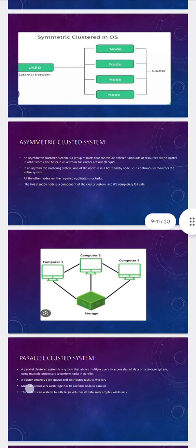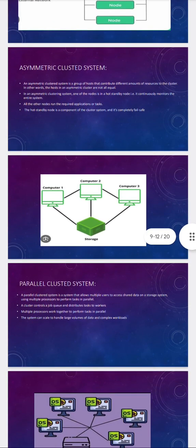The third one is the parallel clustered system. A parallel clustered system allows multiple users to access shared data on a storage system, using that for multiple processes to perform tasks in parallel. The cluster controls jobs like a queue, arranging them in a queue and distributing the tasks to workers based on the queue.